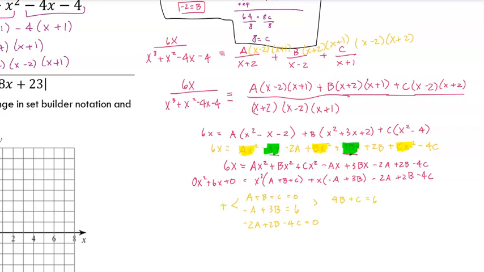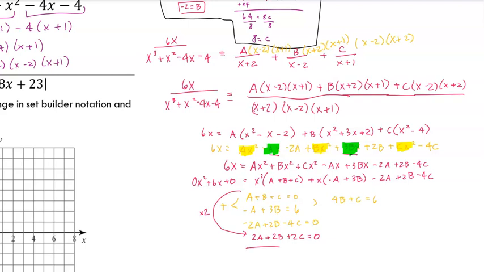And then I'm going to take that first one and multiply it by 2: 2a plus 2b plus 2c equals 0.